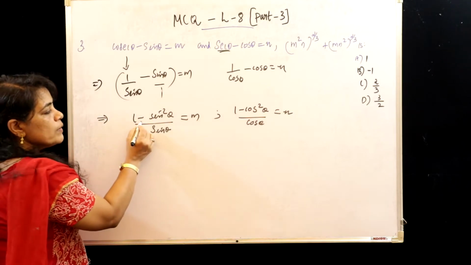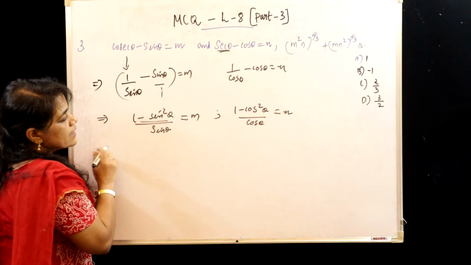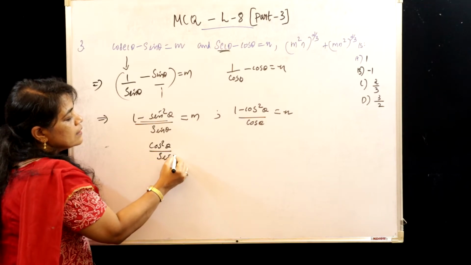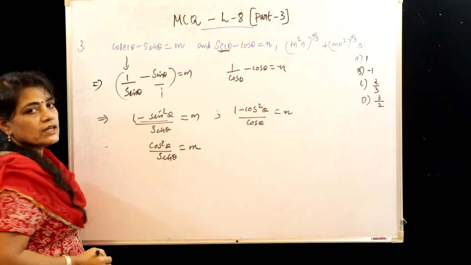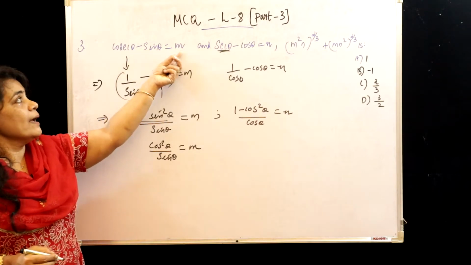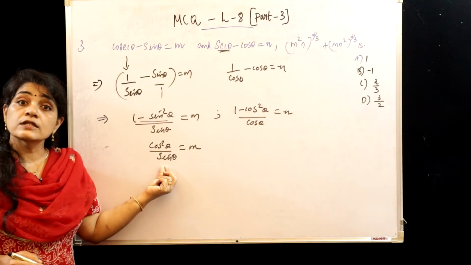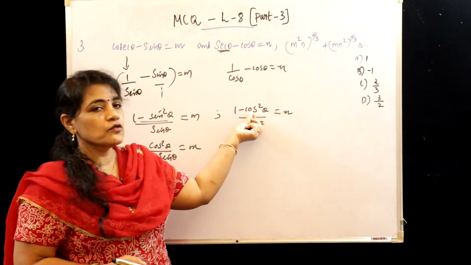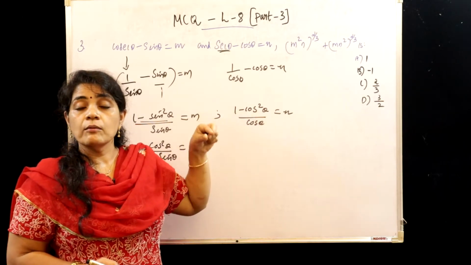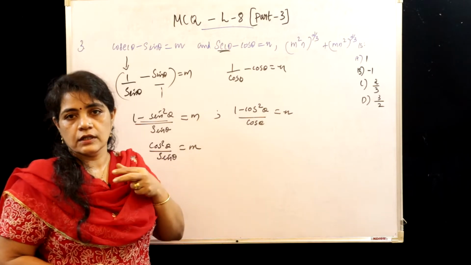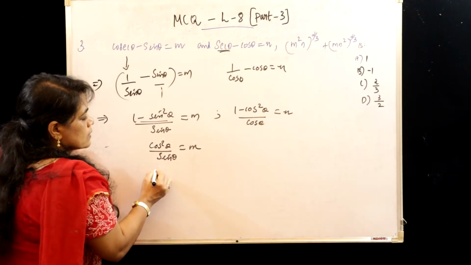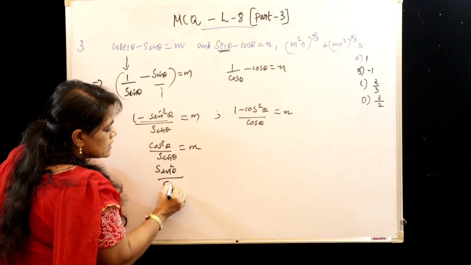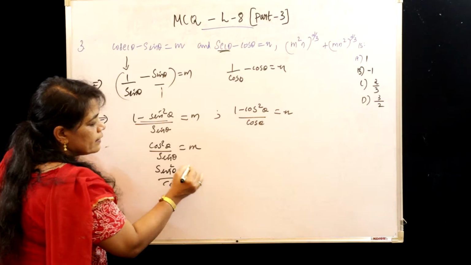So the numerator we can write as cos square theta by sin theta. After simplification of the given m, we got cos square theta by sin theta. The same way, because of the first identity, 1 minus cos square theta is sin square theta. So sin square theta divided by cos theta equal to n.